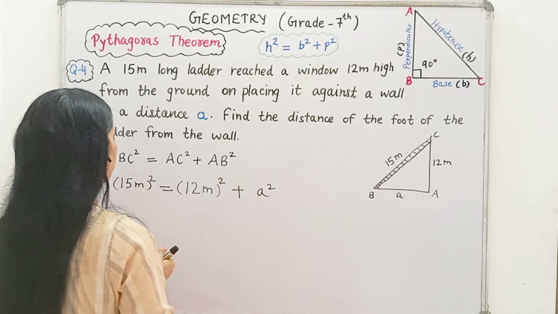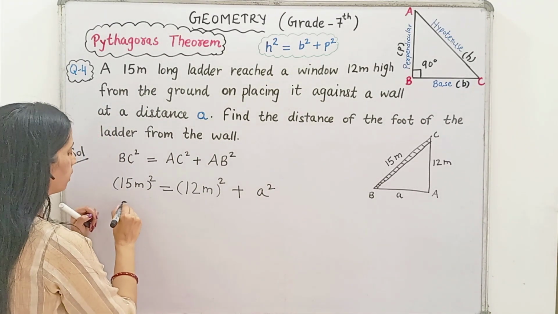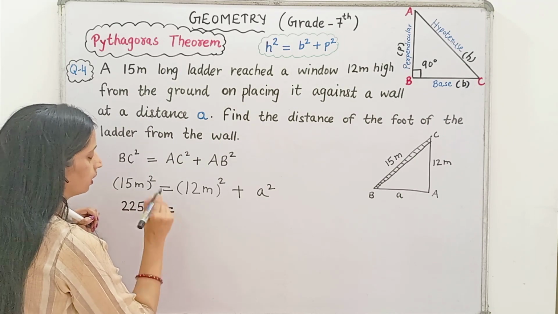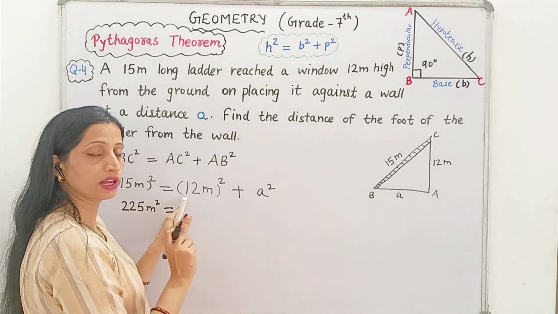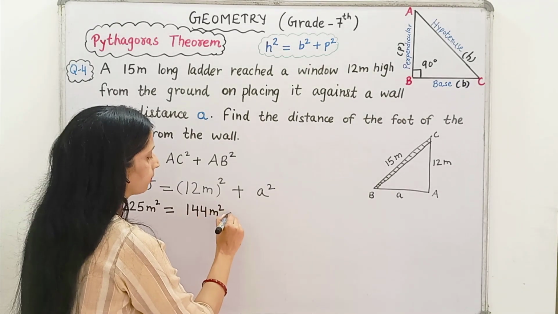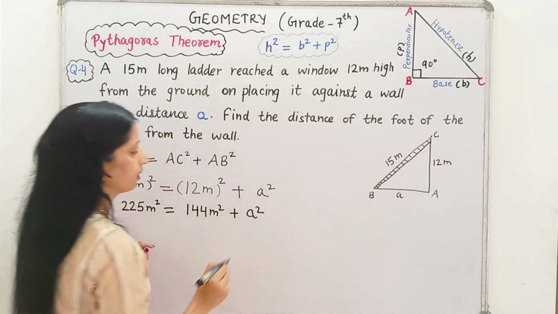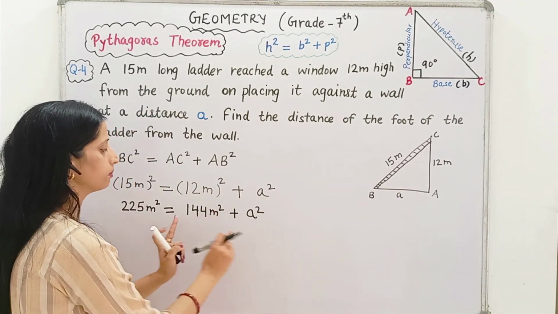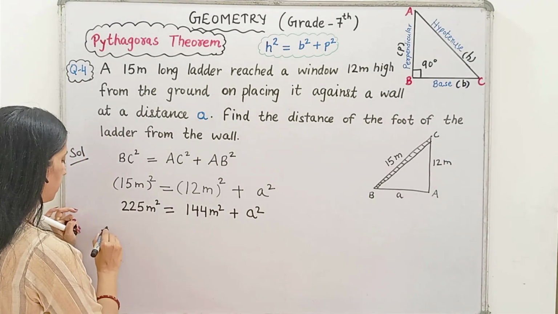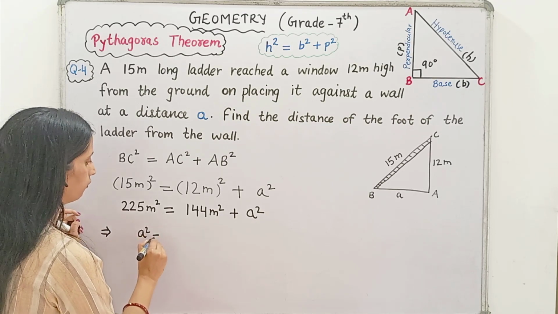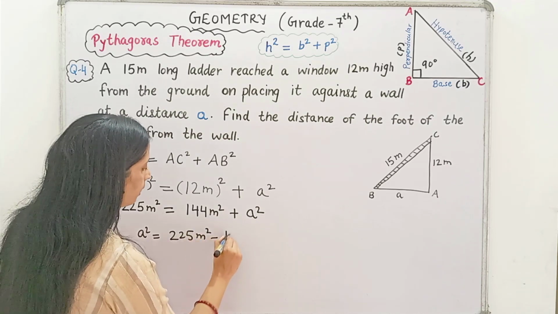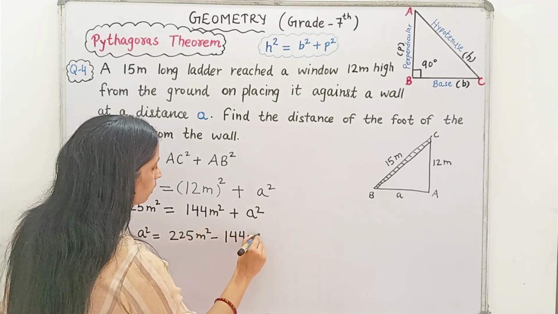Now let's solve it. 15 square is 225, so we will write 225 meter square. It will be equal to the square of 12. 12 into 12 is 144 meter square plus A square. Now we can find the value of this by subtracting 144 from 225. So A square will be equal to 225 meter square minus 144 meter square.